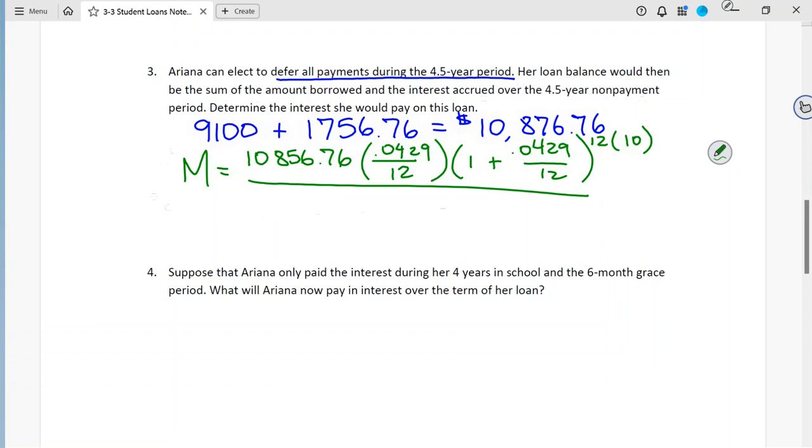Divided by 1 plus r over n, 0.0429, divided by 12, to the power of n times t, again, same t, the same 10-year loan, minus 1. And don't forget that minus 1. Okay. Now, when you're plugging this into your calculator, I highly recommend on the TI-84, you push alpha, the button to the right of alpha, it gives you a fraction.